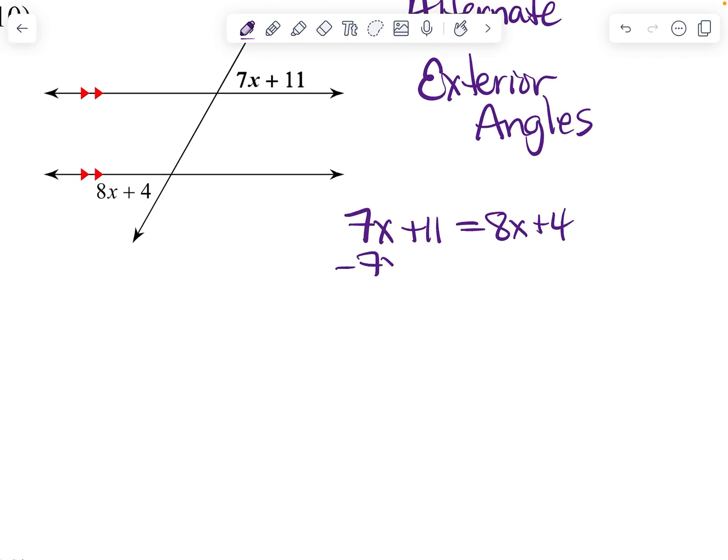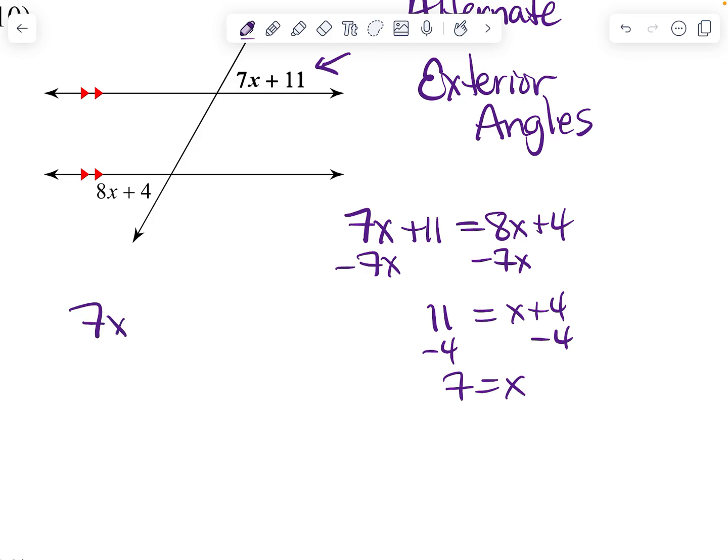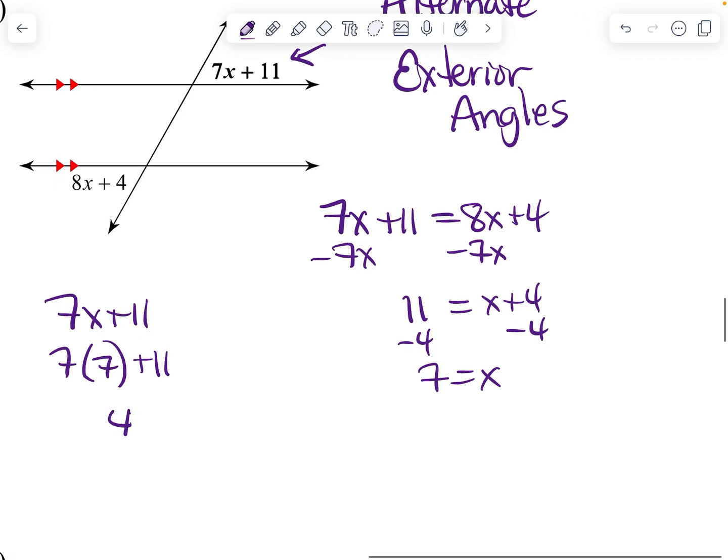So I subtract 7x from both sides. I get 11 equals x plus 4. I subtract 4 from both sides, and I get 7 is equal to x. It wants the bold angle, which is this one. So 7x plus 11, I'm going to replace the x with 7. So 49 plus 11 is going to get me 60 degrees.